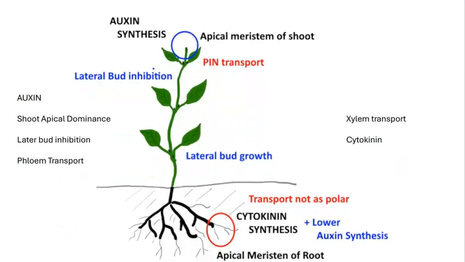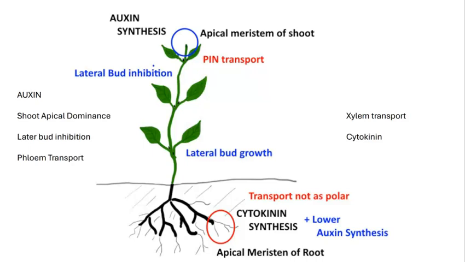Auxin has a second function. Like many regulatory molecules, auxin synthesis is known to take place in the apical meristem, the growth point of the shoot. And we've already discussed the PIN transport downward. Now, it turns out that the second effect of auxin is what is called apical dominance.